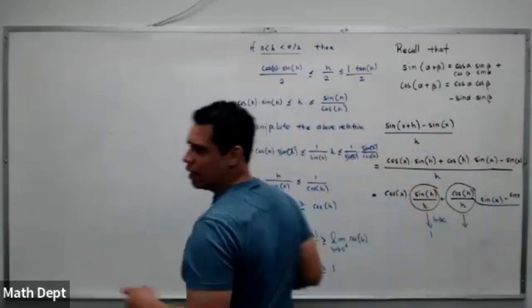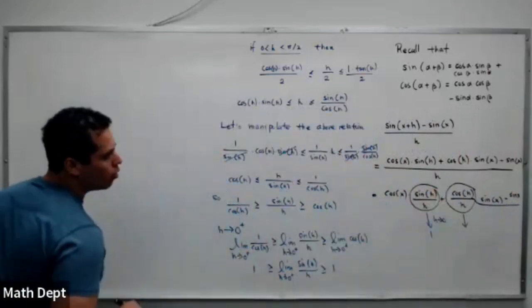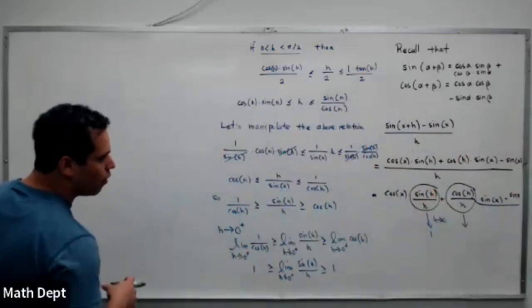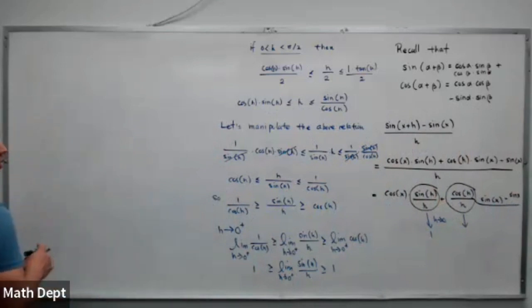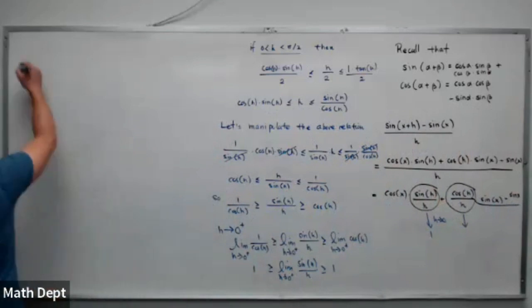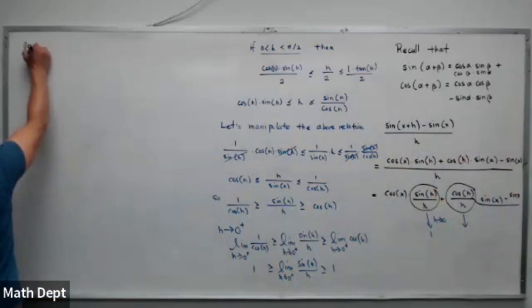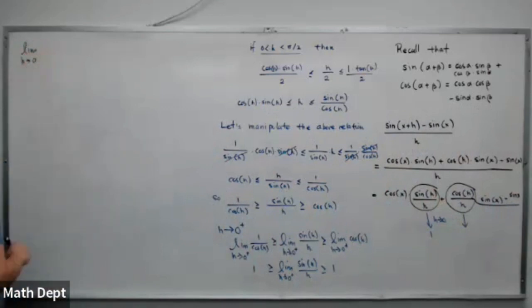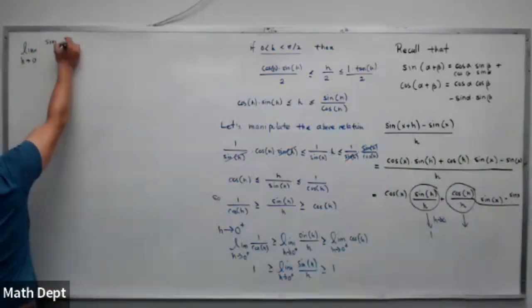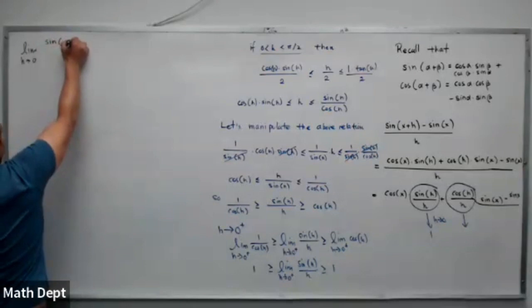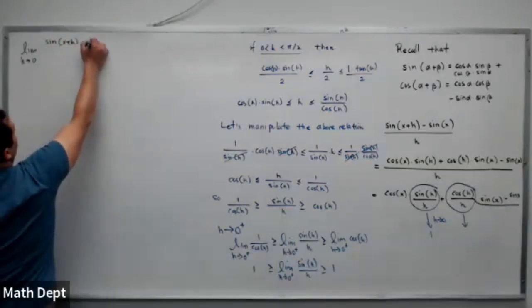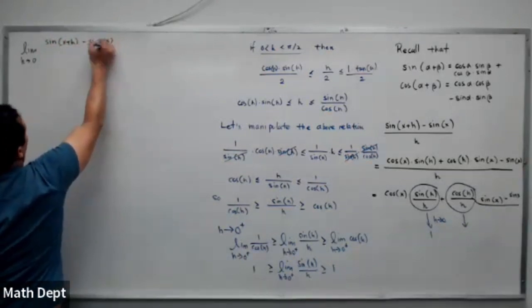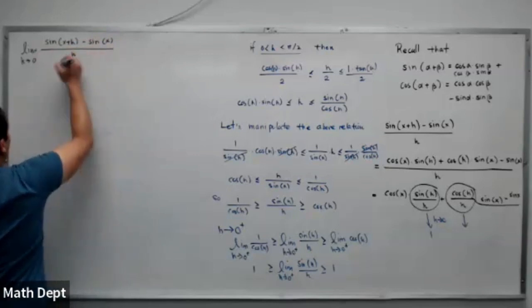Let's wait a second. Now all that we have to do is accommodate a few things. We have the limit as h tends to 0 of the expression sine of x plus h minus sine of x, over h.